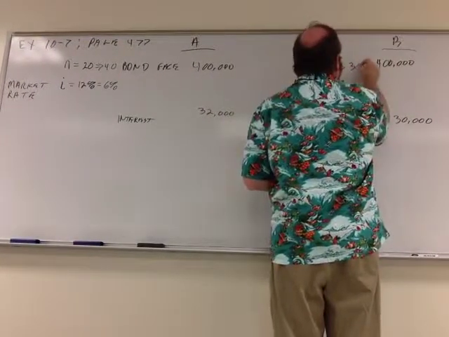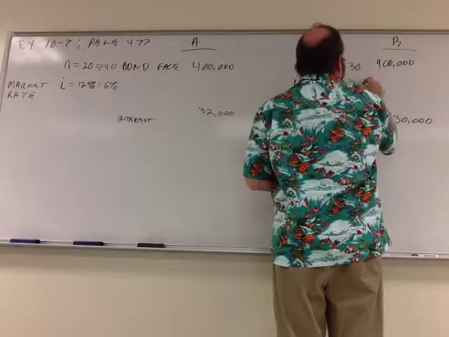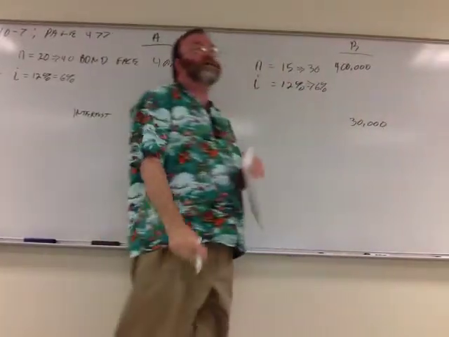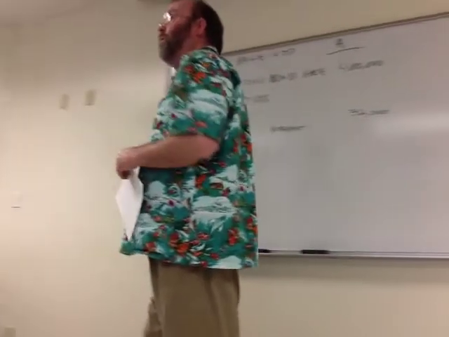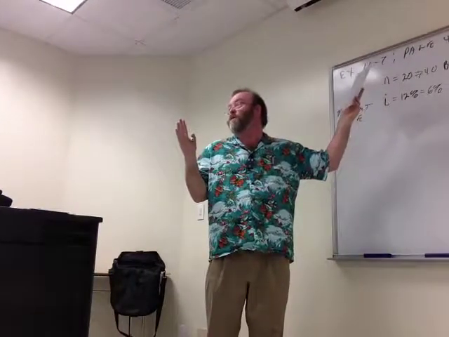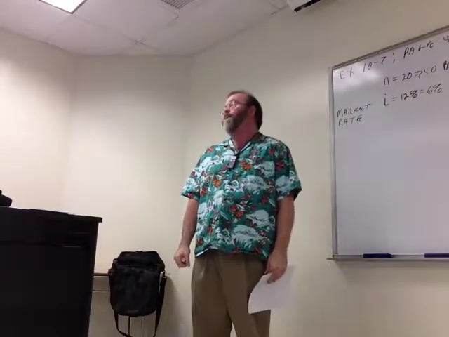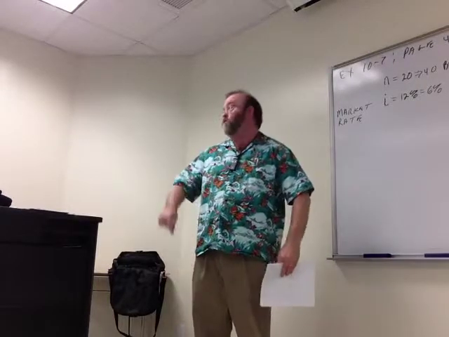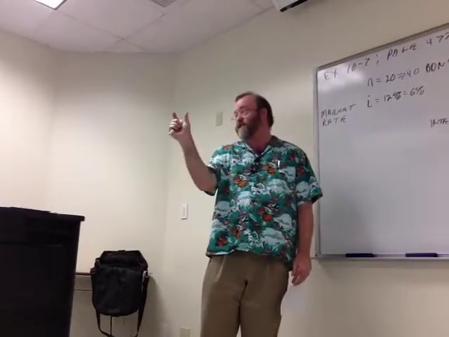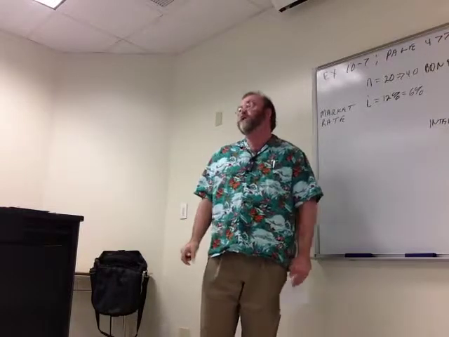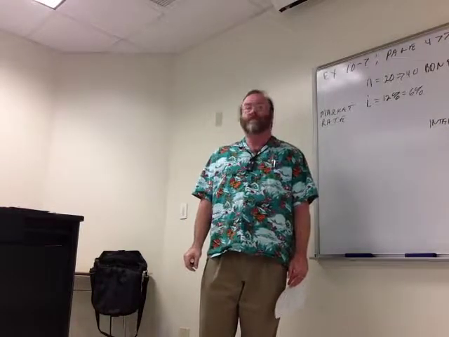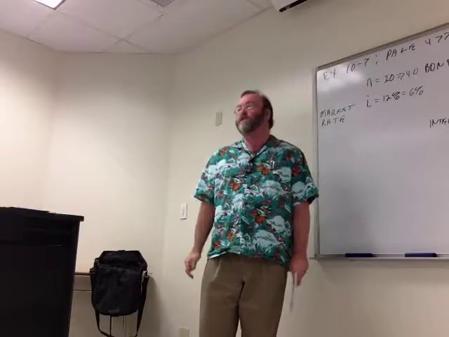So N gets doubled and I gets halved. There are 20 years, but 40 payments are going to be received, because it's paid semi-annually. And you're not getting 12% every 6 months, you're only getting 6%. Does everybody understand that nuance?